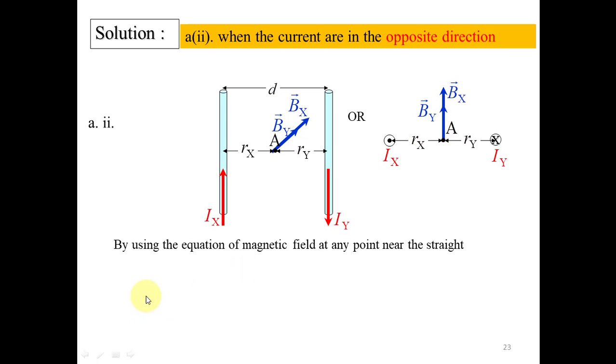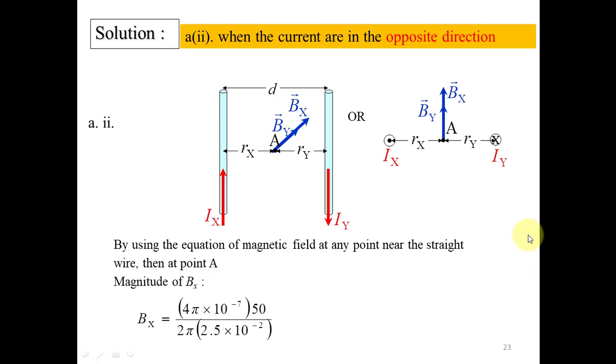By using the equation of the magnetic field, we just substitute. We got the same number, and the direction is into the page or upward.